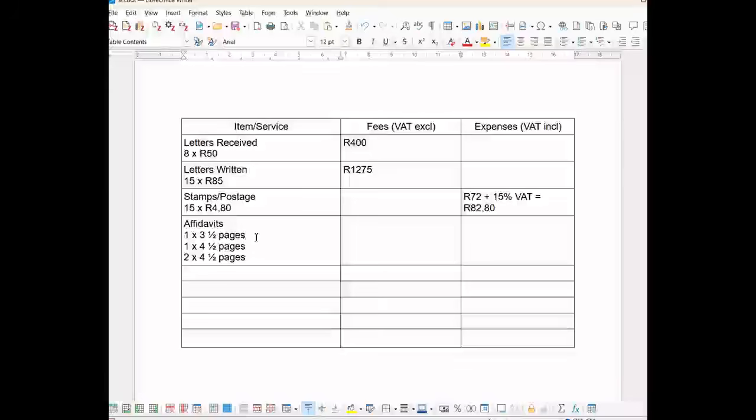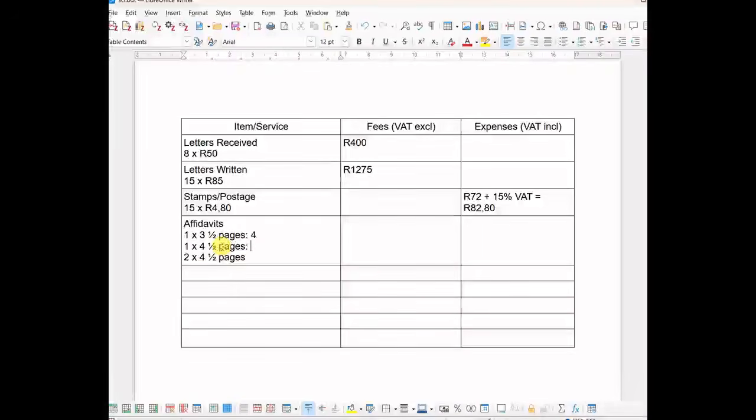So we're going to come here. Let's just put a colon to make it look neat. And how many pages do you think 3.5 works out to? Or how many units do you think that works out to? So we charge 55 Rand per page or part thereof. So we know it's at least 3 because we've used 3 pages, but we've also now gone into the next page. So we're charging for 4 pages.